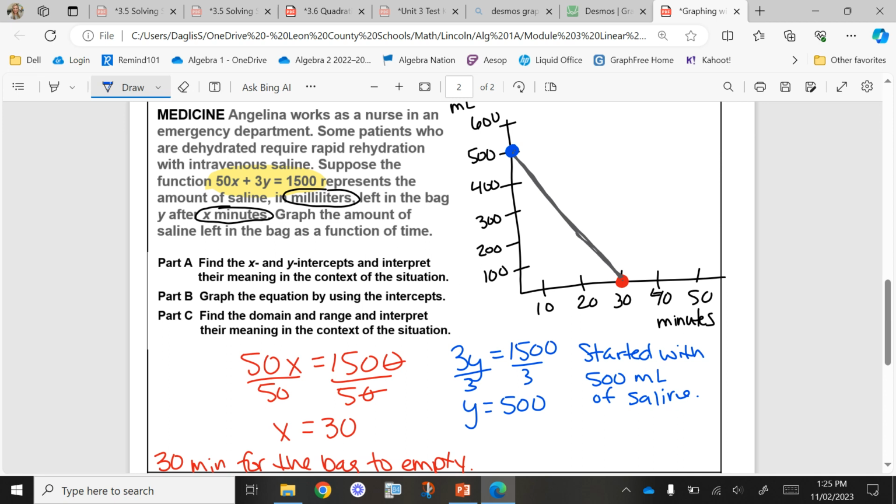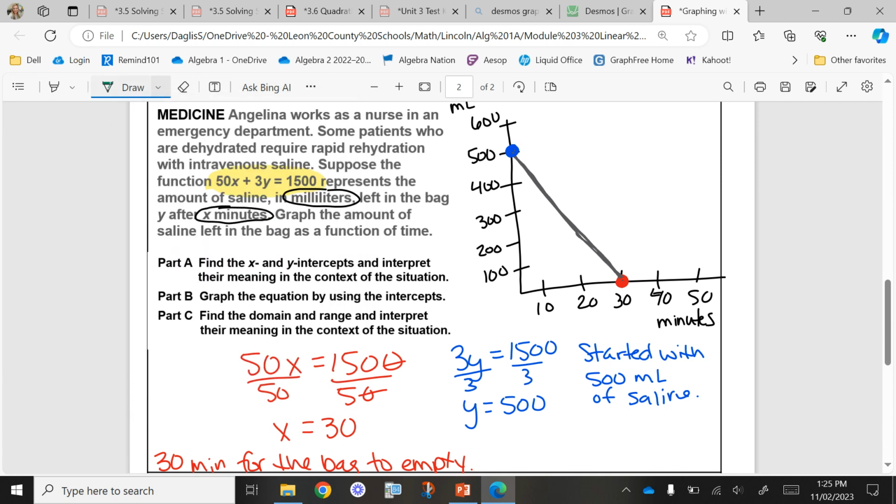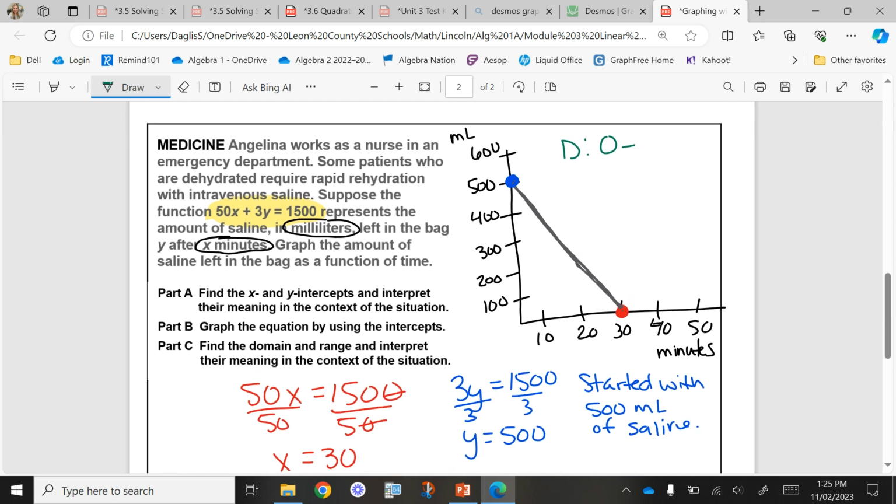Very good. Find the domain and range and interpret their meaning in the context of the situation. All right, so we're going back. What is domain? Is that my X's or my Y's? My X's. So my X's go from what number to what number? Yes, 0 to 30.